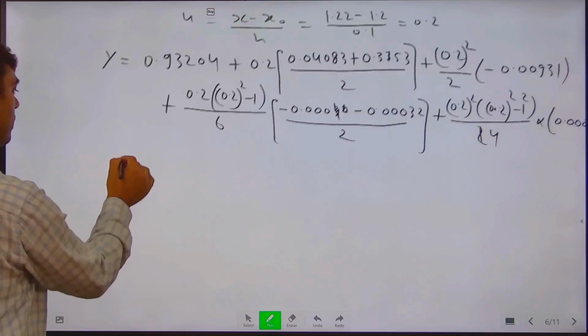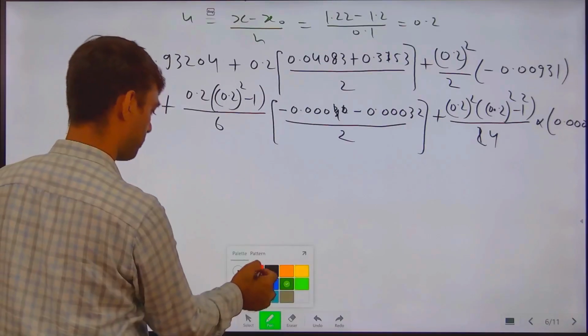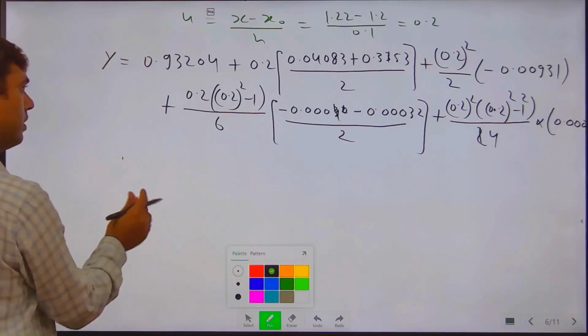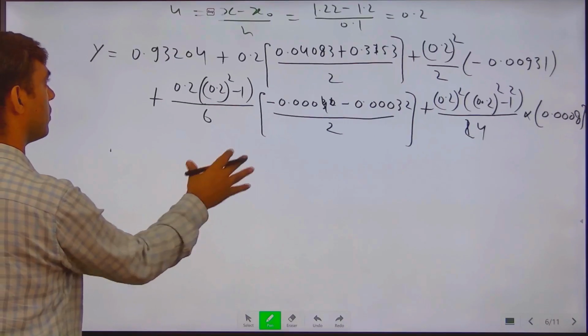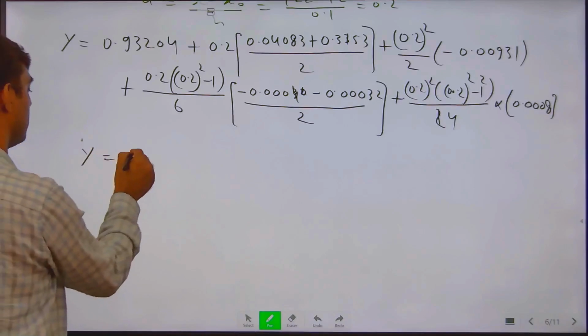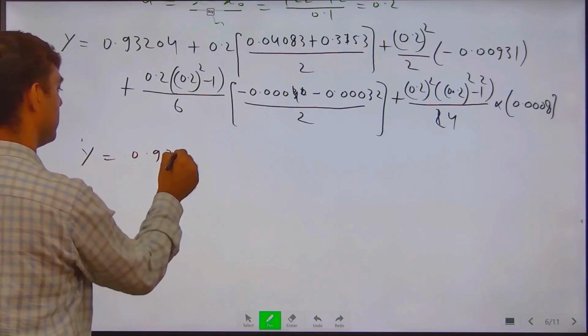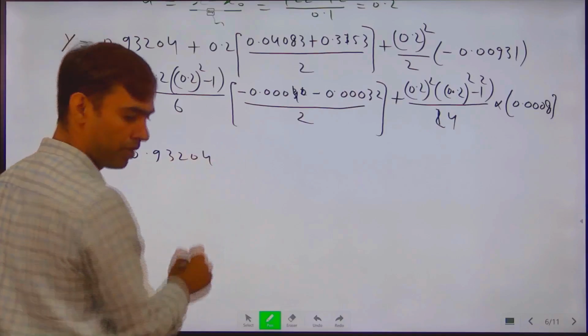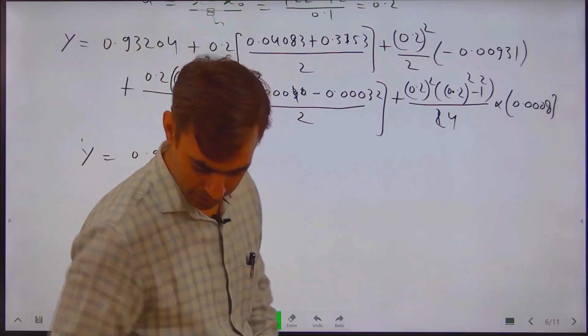If we write here, y equal, if we simplify this one, y equal 0.93204 plus, already we have the data. So what is the result?